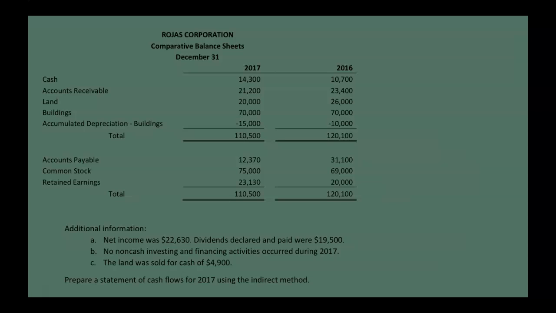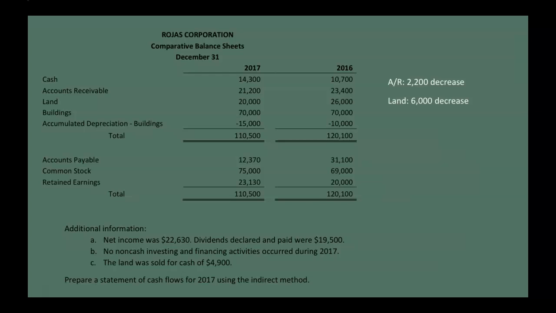And we see that from 2016 to 2017, accounts receivable decreased by $2,200. Right? It went from $23,400 down to $21,200. So we'll make note of that. Land decreased by $6,000, went from $26,000 down to $20,000. Buildings did not change.